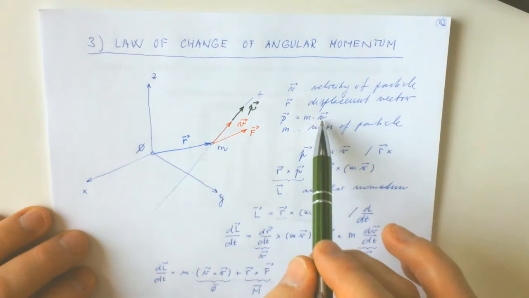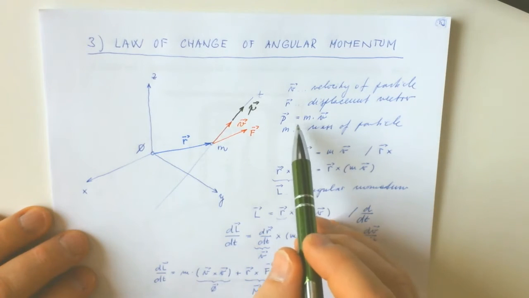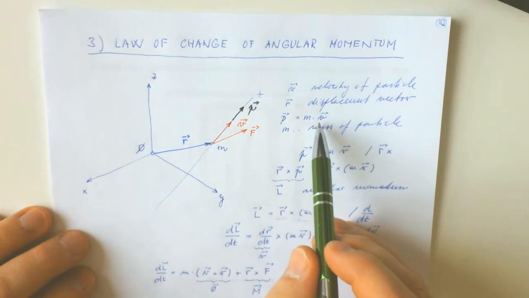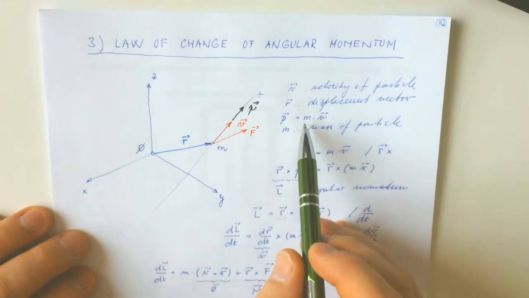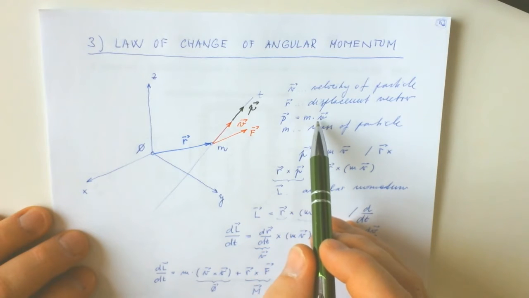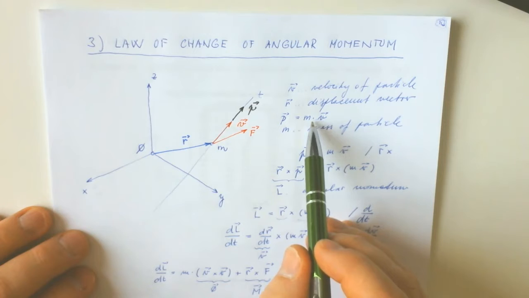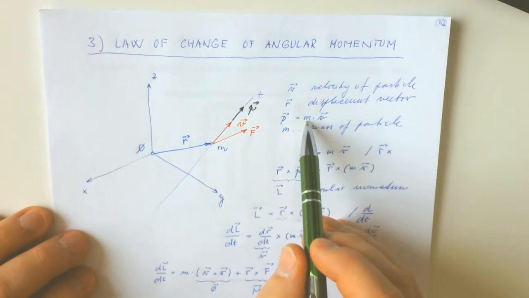It's m times velocity, and it's a vector too, and it has the same vector properties as velocity, because the only difference is that p has a different size, because we multiplied velocity by some scalar number.